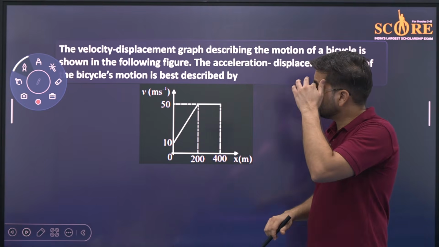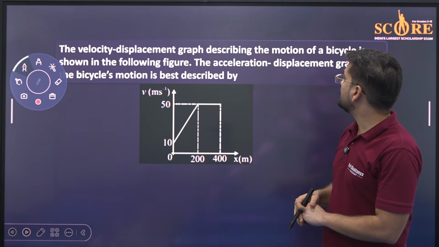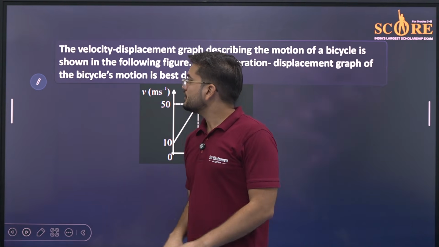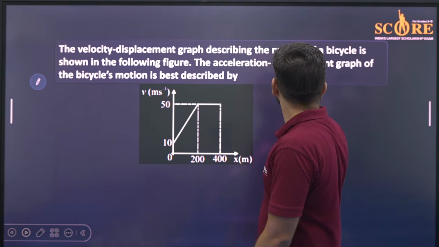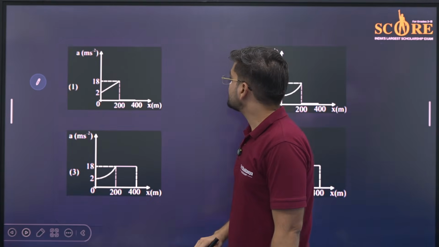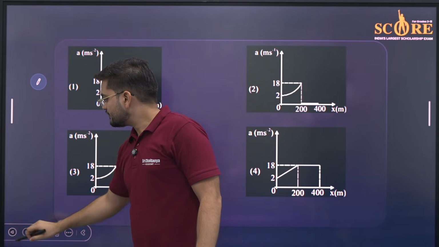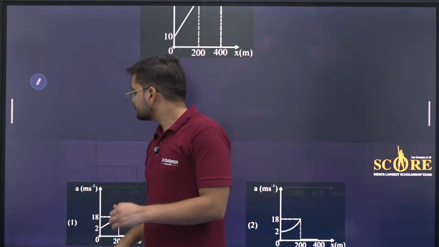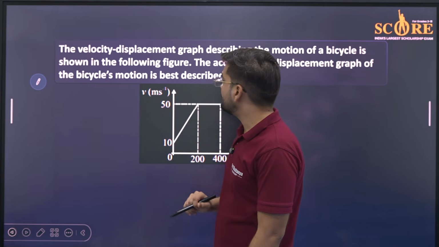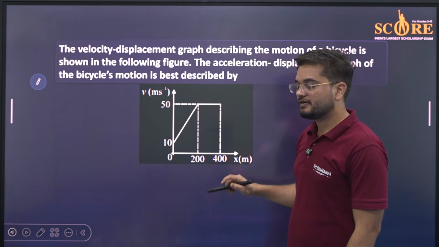Next problem is, we are given a velocity versus x curve, and we have to find the acceleration versus x graph. So first we have to identify the relation between velocity and acceleration as a function of x.